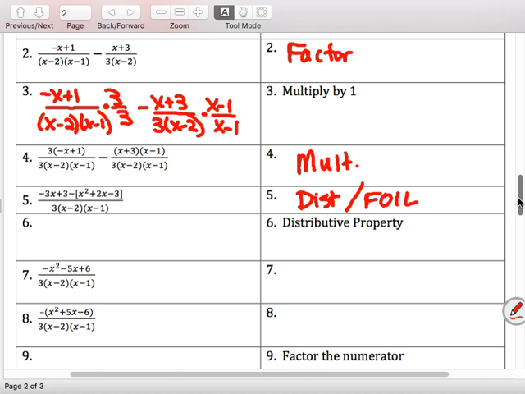Now, number 6, I gave you the reason: the distributive property. Well, the only thing I can distribute is the minus sign.